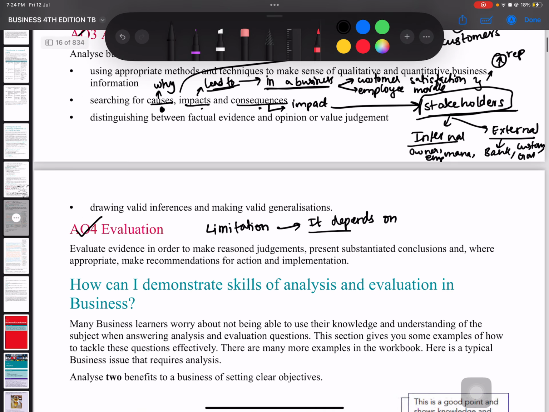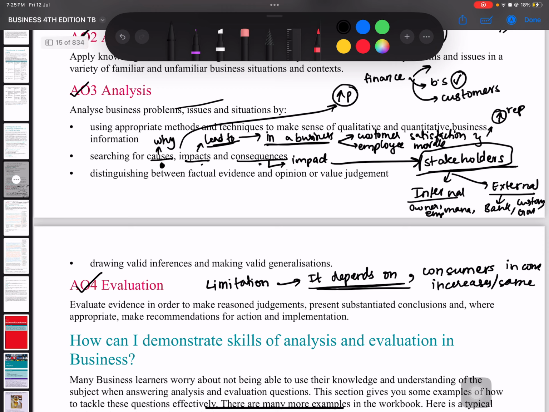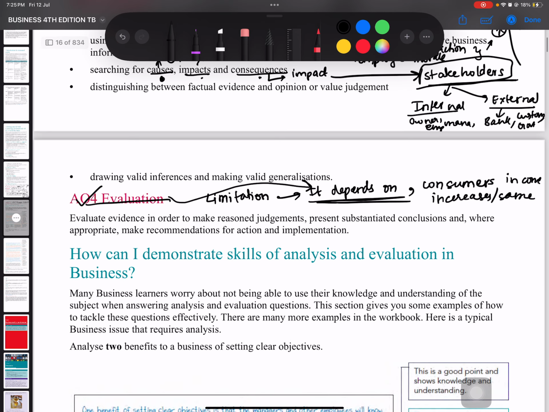But this all depends on the consumers' income remaining the same or increasing. If the consumer income decreases, then this entire analysis might not work out. That is why we have evaluation, which tells us what the analysis depends on. Its limitation, basically.